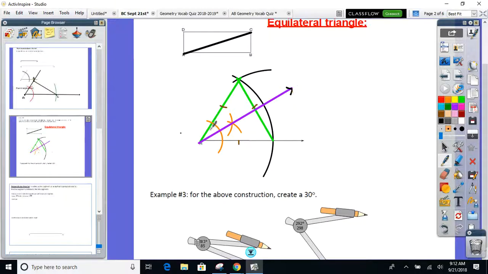There it is, 30 degrees. So you have constructed a 30-degree angle. Great job by bisecting a 60. Questions from you guys at all? Okay, let's keep moving here.